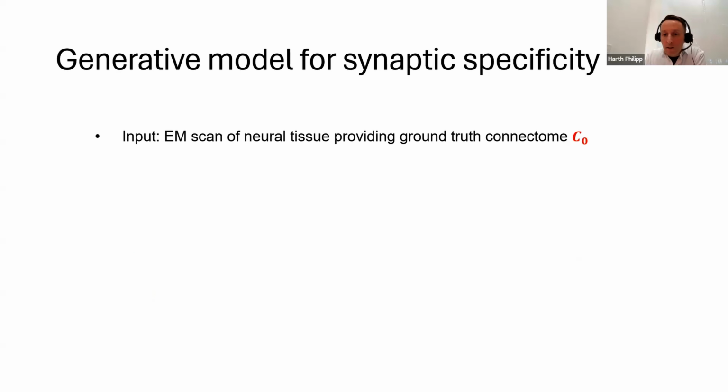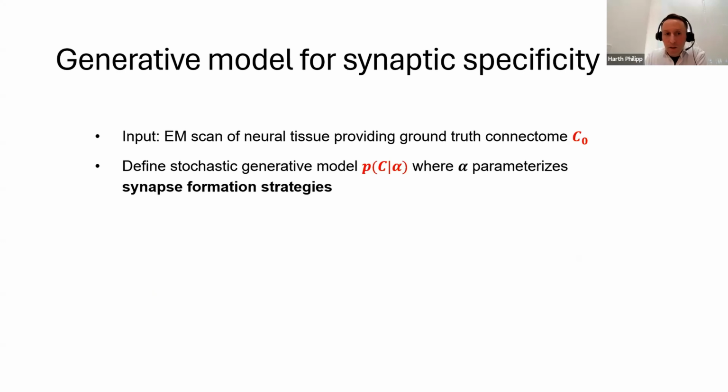A bit more formally, what is the input to this generative model? We have a ground truth connectome denoted C0. We define a stochastic generative model, which gives us a connectome given certain parameterized synapse formation strategies alpha.